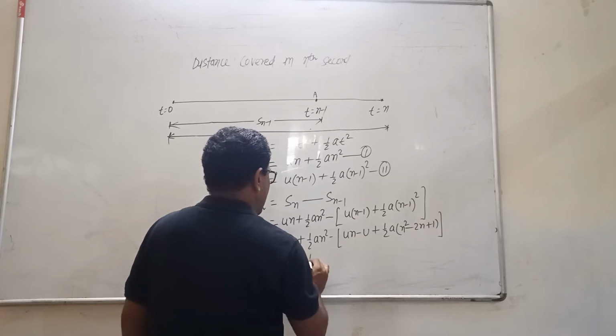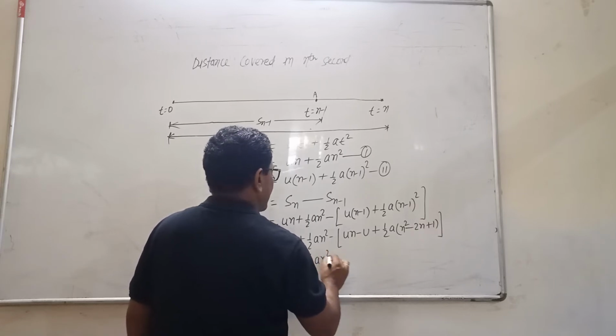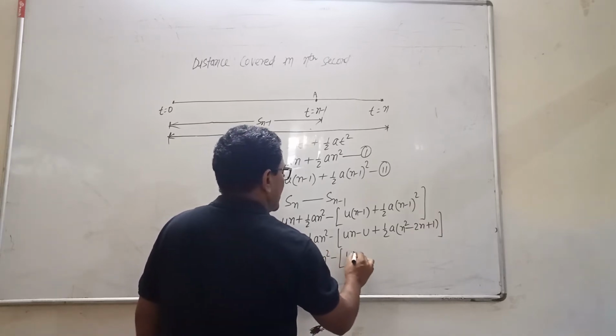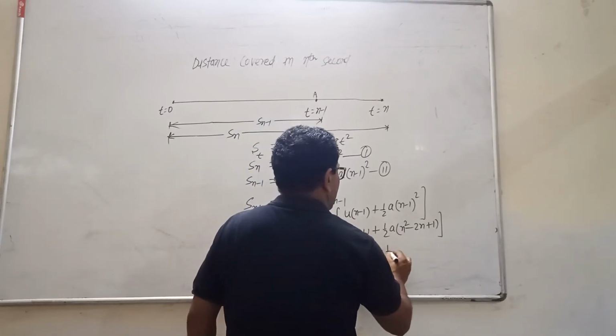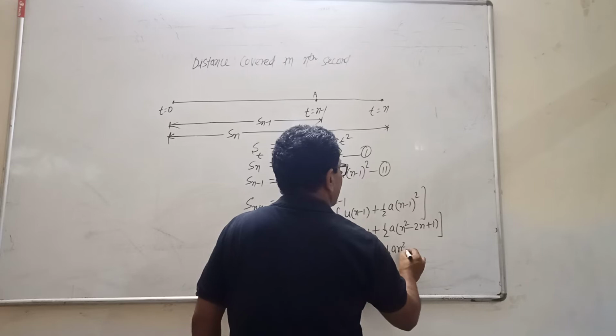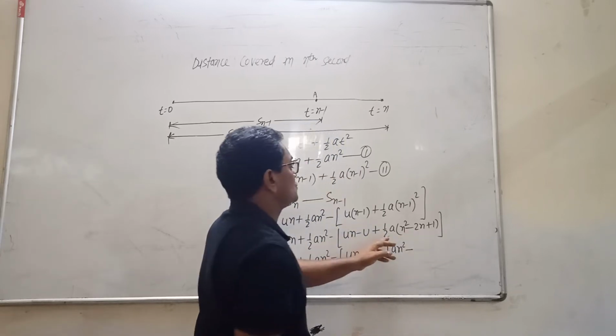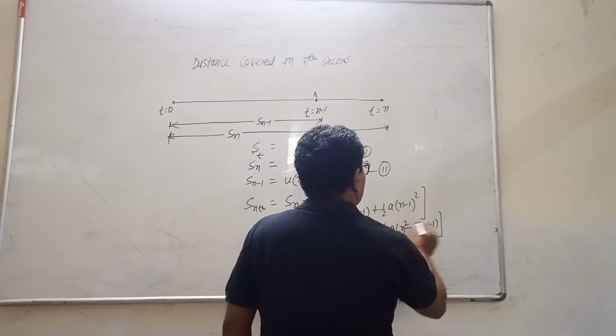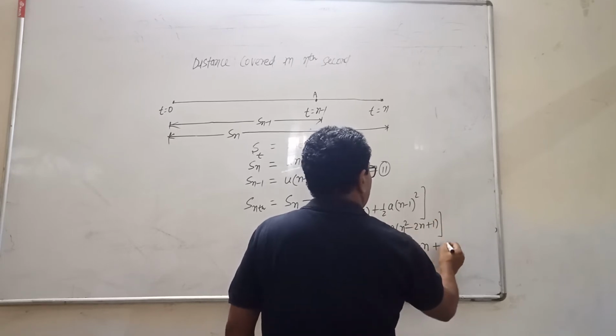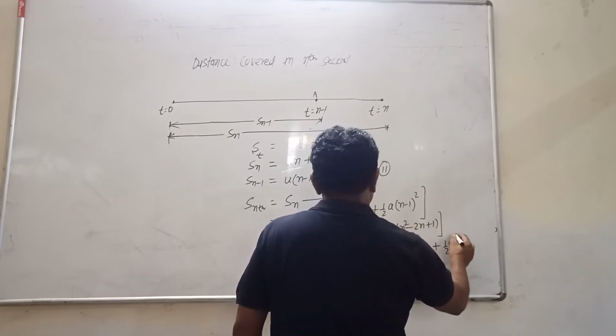Un plus half an square minus un minus u. Remove this bracket: plus half an square plus minus minus 2, and 2 gets cancelled, so it comes minus an plus half into half a into 1 by 2.